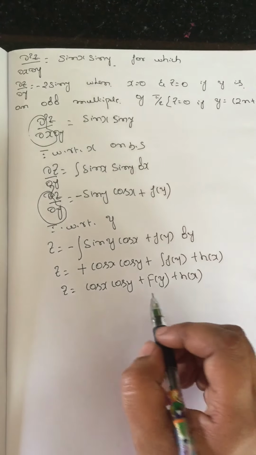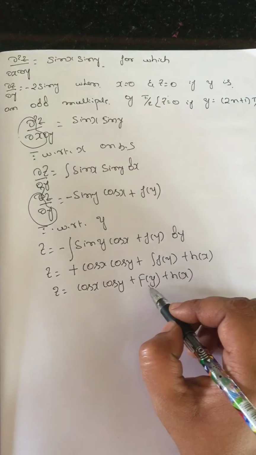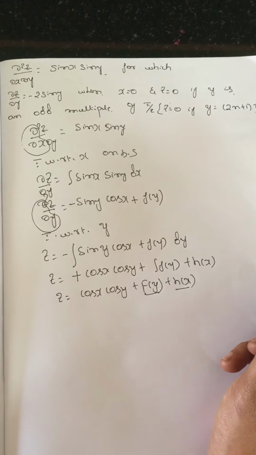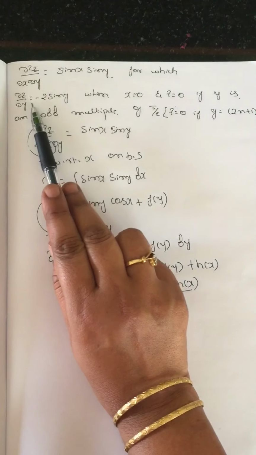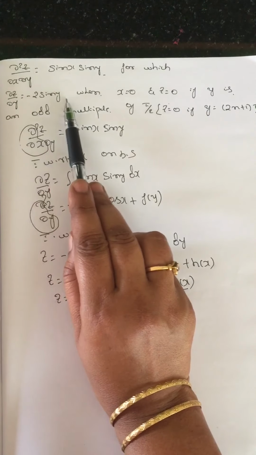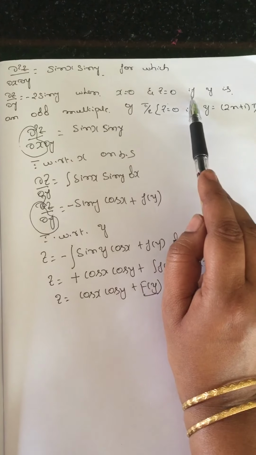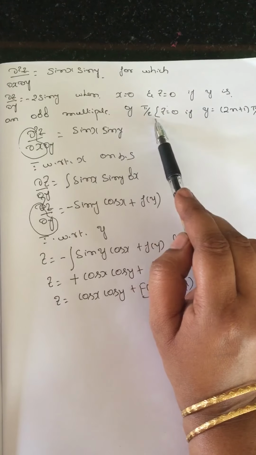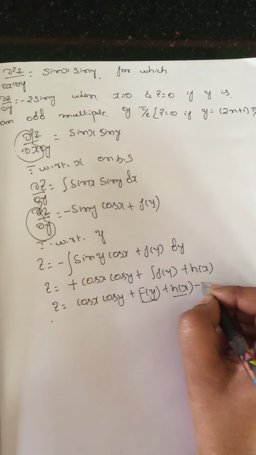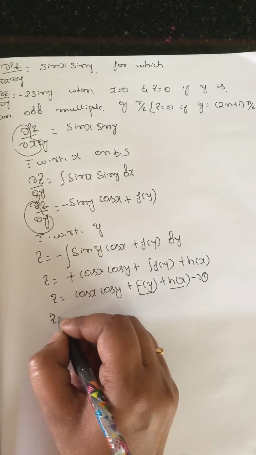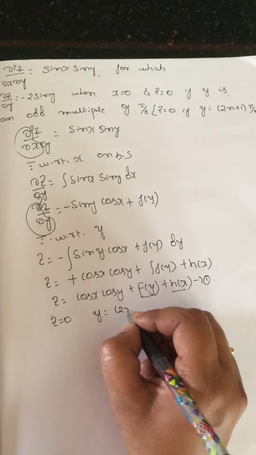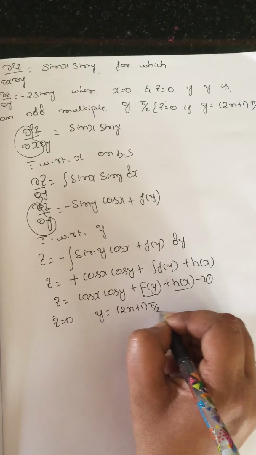Now, using the given conditions, we need to find capital F of y and also h of x. The first condition is: z is equal to 0 if y is an odd multiple of pi by 2. Call it equation number 1. If z is equal to 0, then y is an odd multiple of pi by 2, meaning (2n plus 1) into pi by 2.